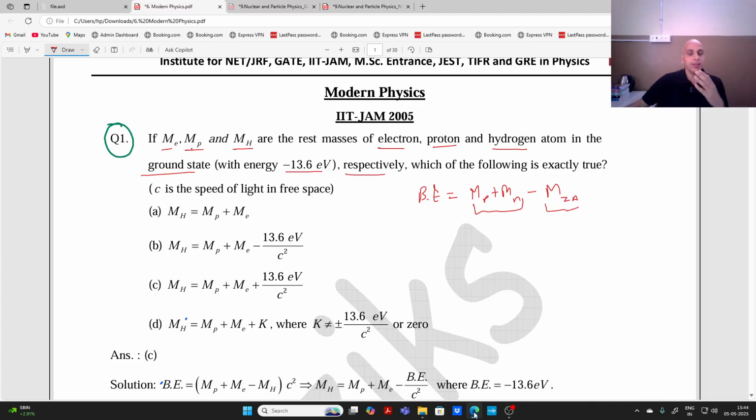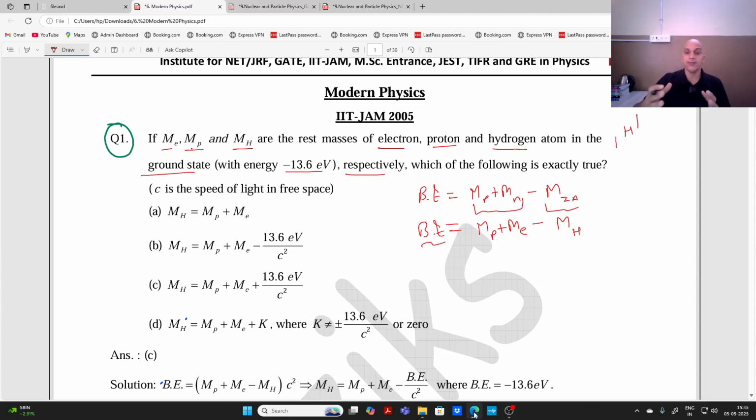Here, instead of nucleus, we have an atom, and the atom is hydrogen atom, and it is formed by the combination of nucleus plus electron, and the nucleus contains only one proton, so it is the case of 1H1. So here we will have mass of proton plus mass of electron minus mass of the hydrogen atom. This is the binding energy.